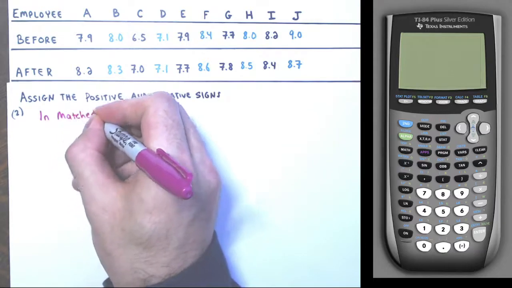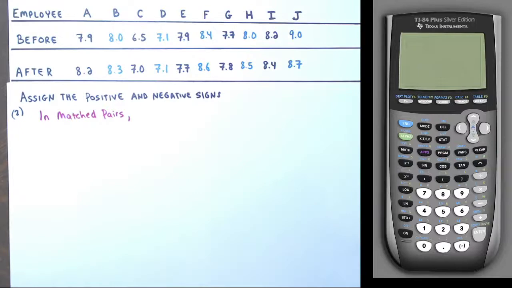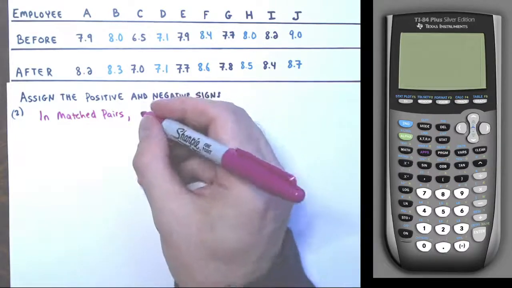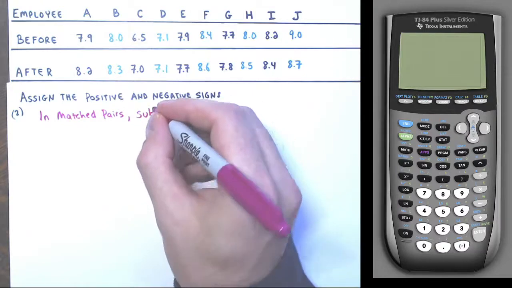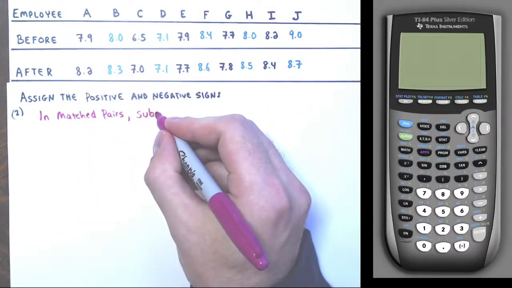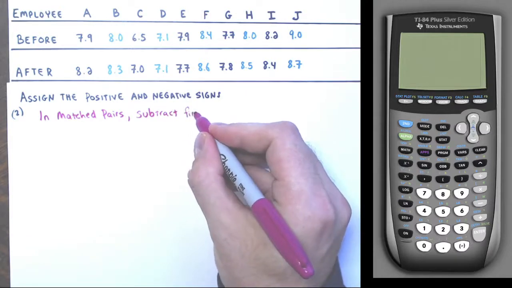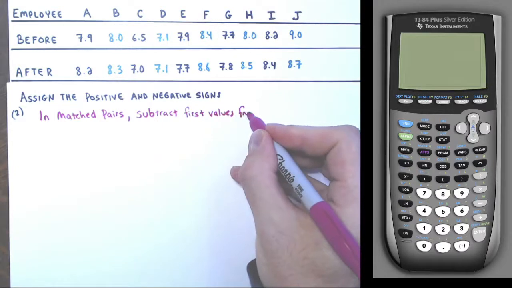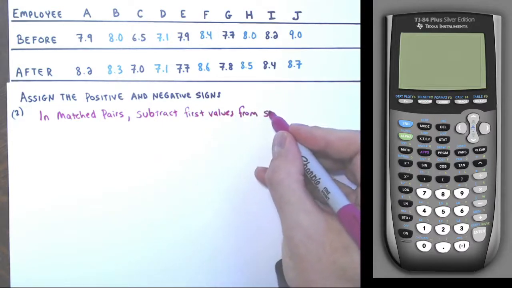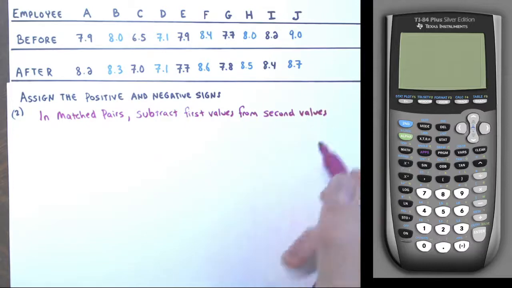In matched pairs examples, you're going to subtract the first values from the second values, the values that they are related to.